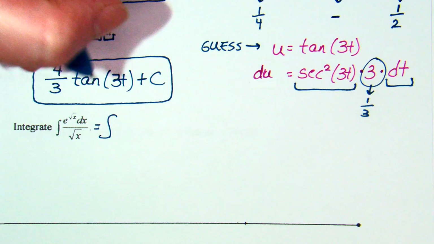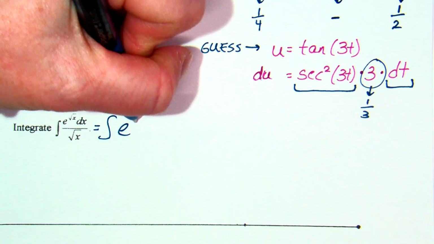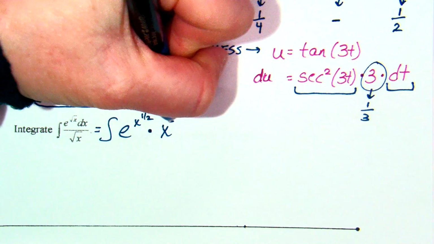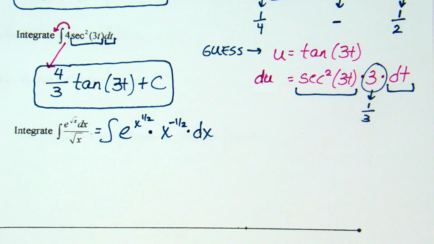Instead of e to the square root of x, I'm going to say e to the x to the 1/2. That square root of x in the denominator, bring it to the numerator, and it's just then x to the negative 1/2 dx. So that's me personally, how I rewrite this problem to get myself going.